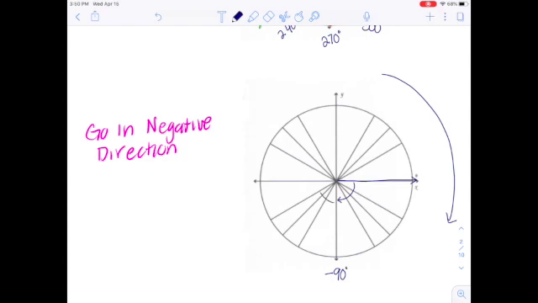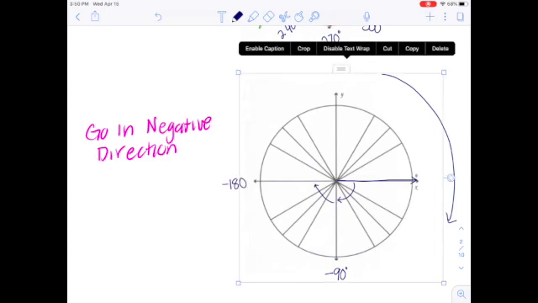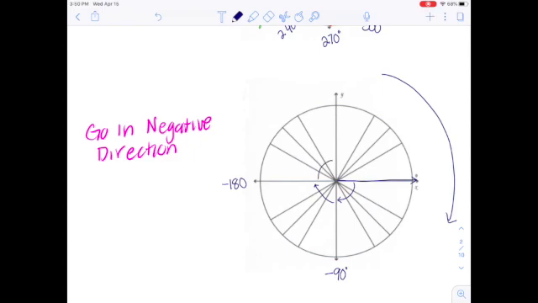We know it's negative direction because of the negative sign. And then keep going. We've got our negative 180. We've got our negative 270. Make sure we add the degrees sign. And then all the way around would be a negative 360 degrees.